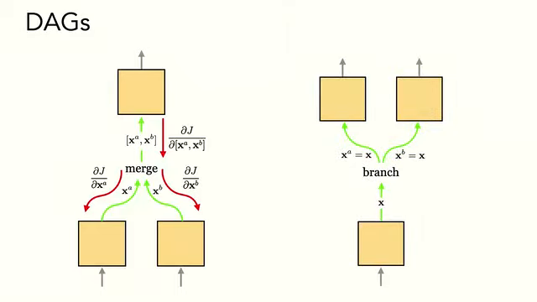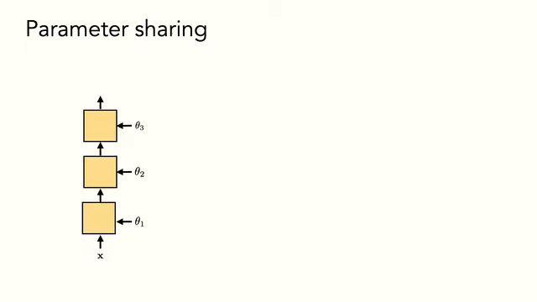Similarly, if you're branching, so now you're splitting up your information in some way, or even just duplicating it, propagating a gradient back through that is as simple as a sum. You take the gradients from both, sum them, and send that back through that input. Cool. There's a much more detailed derivation in the lecture notes if you're interested.